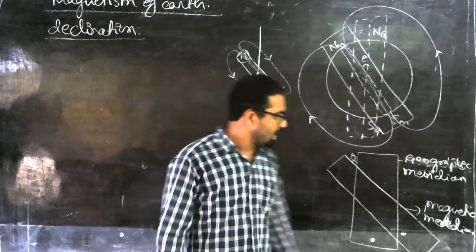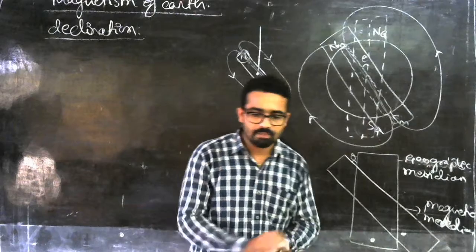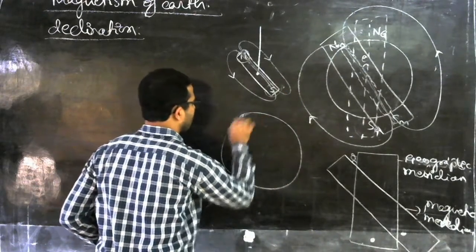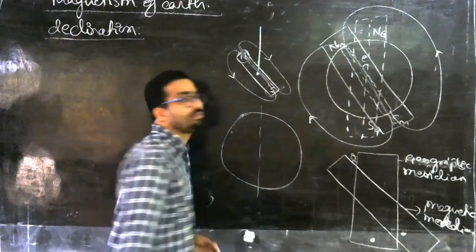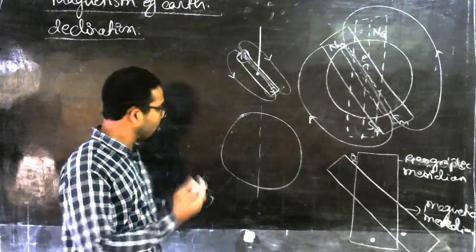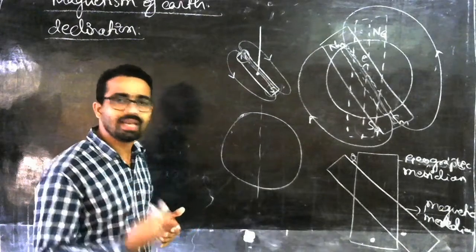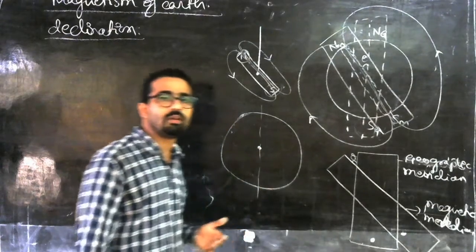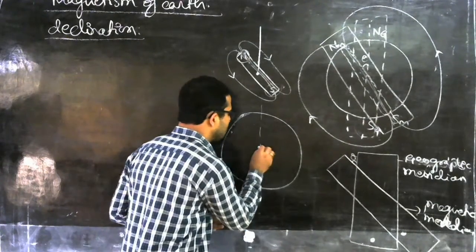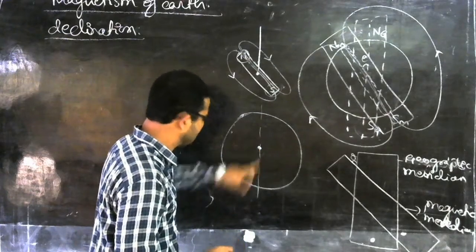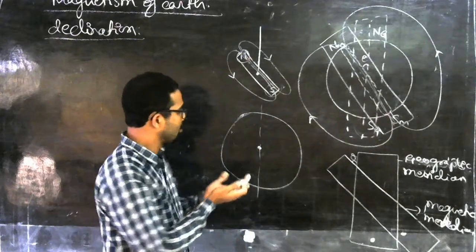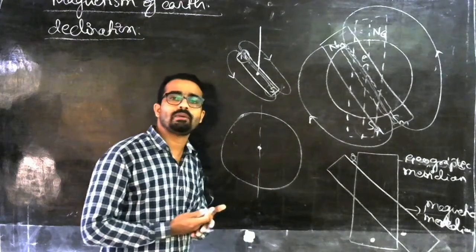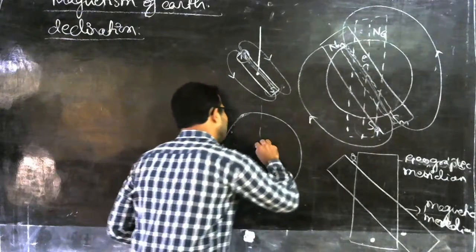Let me draw one more diagram here. So this is the axis of rotation. Now we take a magnetic needle and go to this point on the surface. What happens when you go to this point?